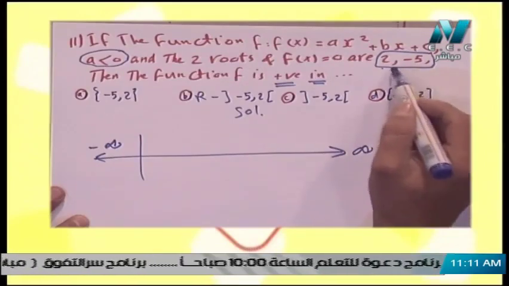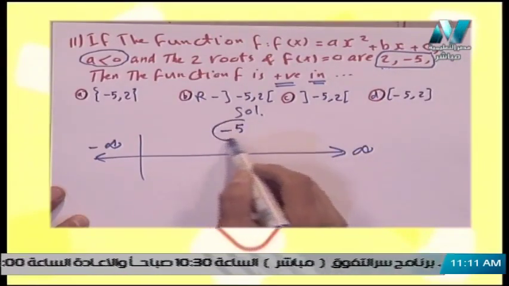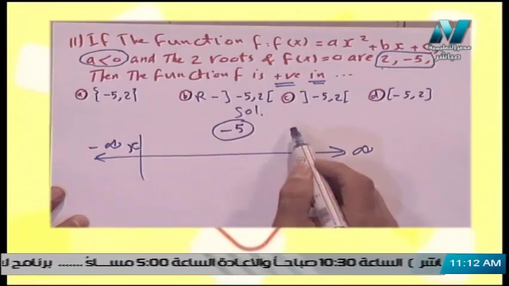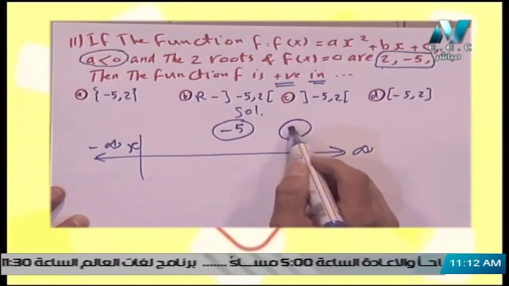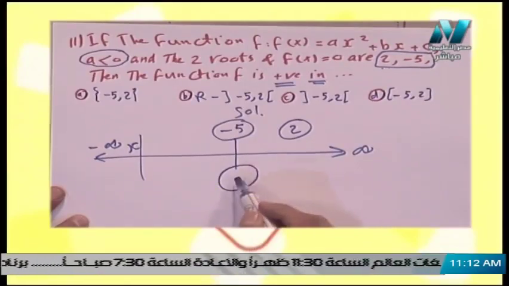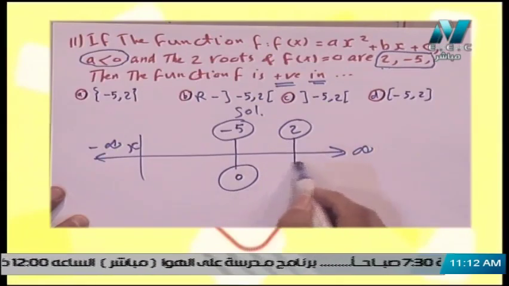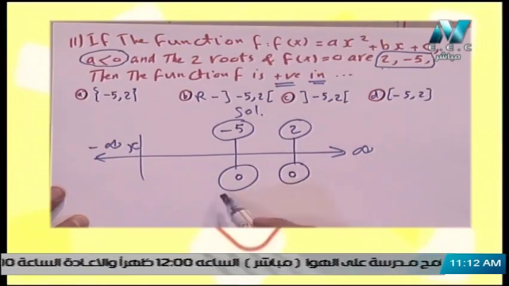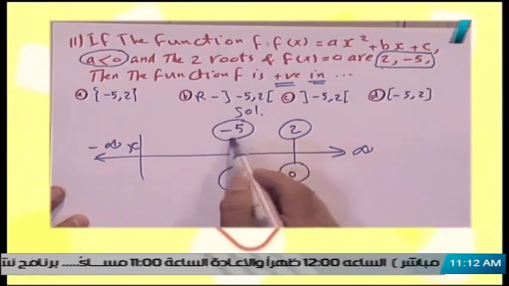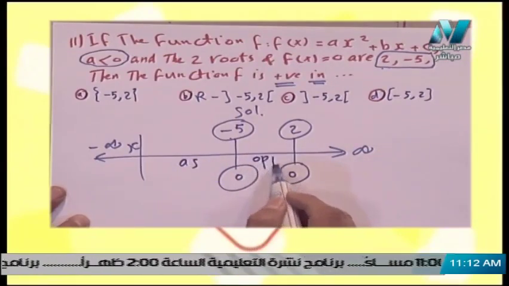We have two roots, 2 and negative 5, so put negative 5 here as x and also 2 here as another x. At this negative 5, the function will be 0, and this one, the function will be 0 also.